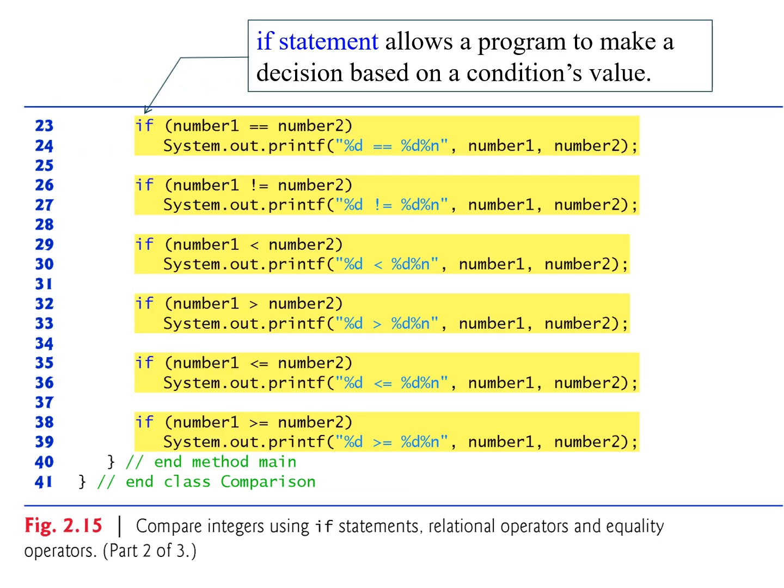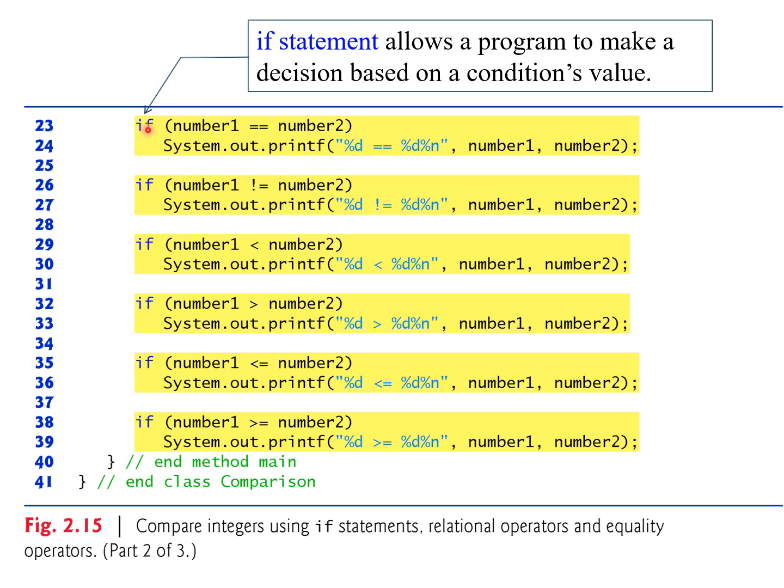After reading two numbers into number1 and number2, we use the equality and relational operators to compare them in the second part of the program. So number1 and number2 are the two operands of these equality and relational operators. To make use of the results of these comparisons, we use the if statement.